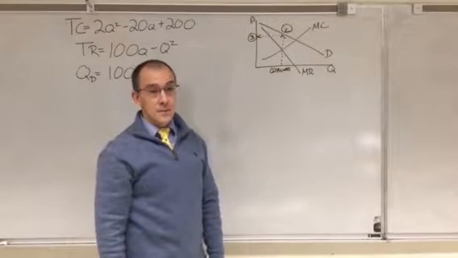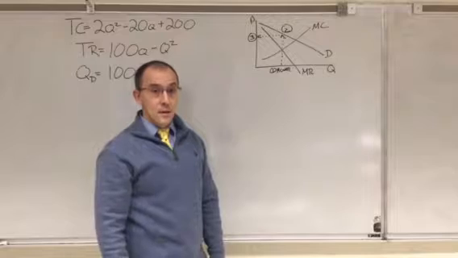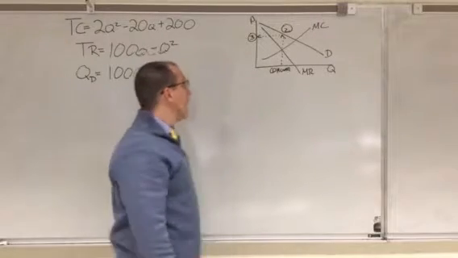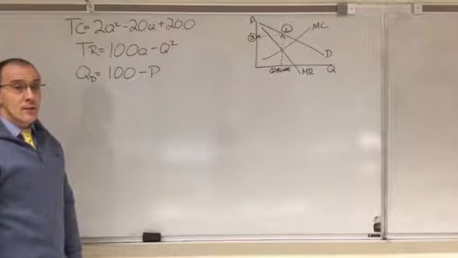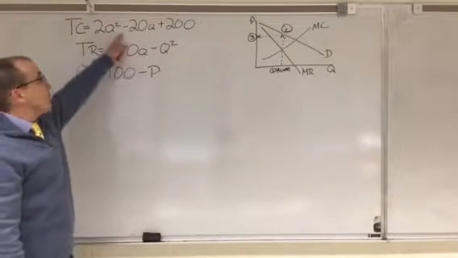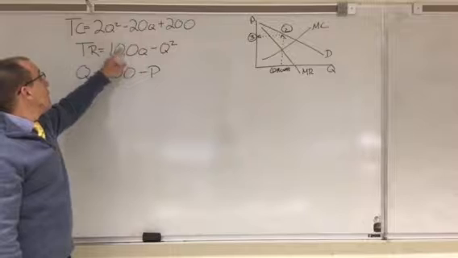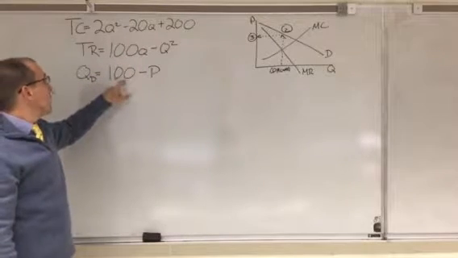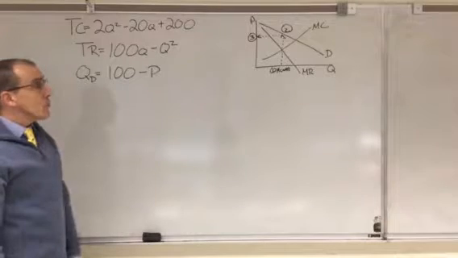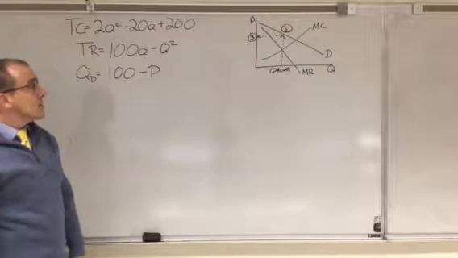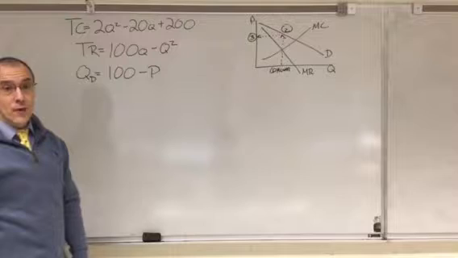So there are 3 steps involved in this monopoly calculation, and for that reason we have 3 distinct equations that we're working with: the total cost equation, the total revenue equation, and the market demand equation. So the first equation that we're going to use is marginal cost equals marginal revenue.